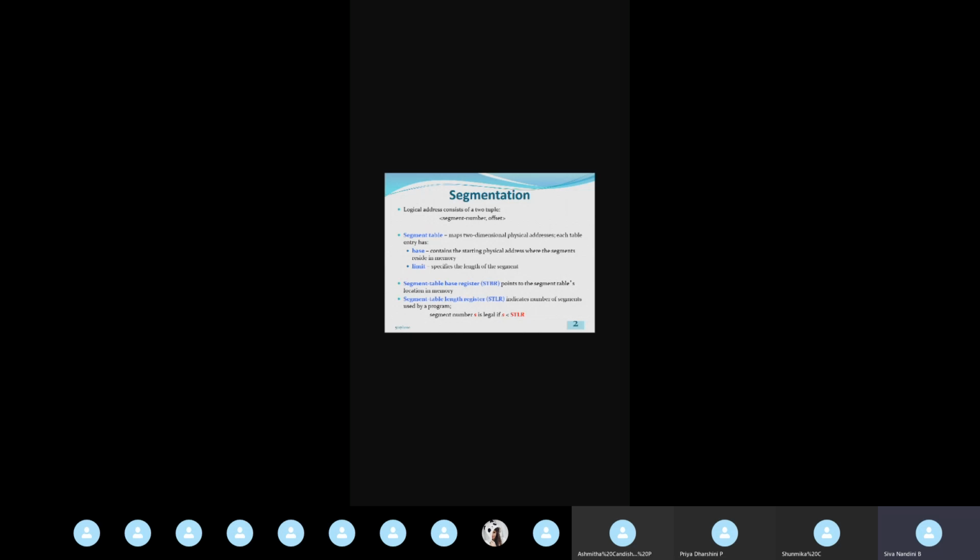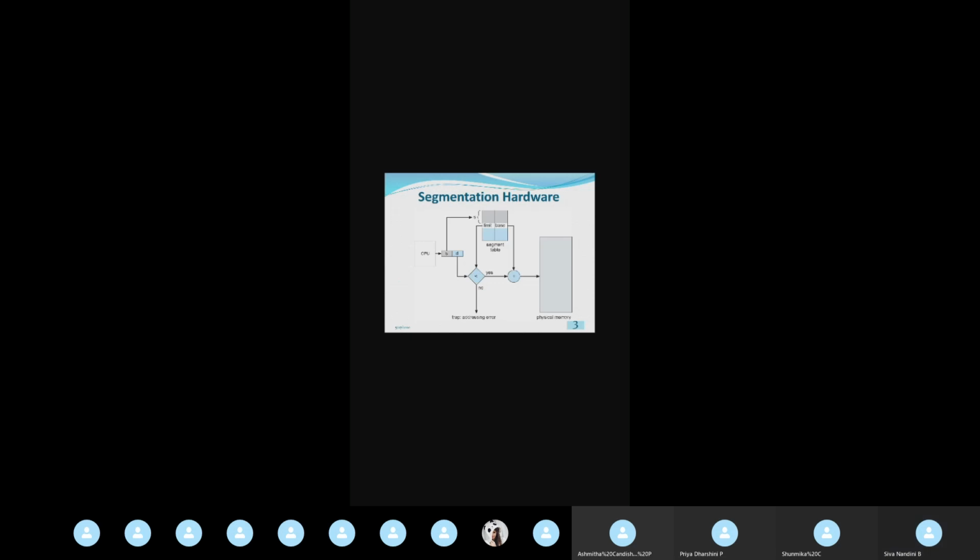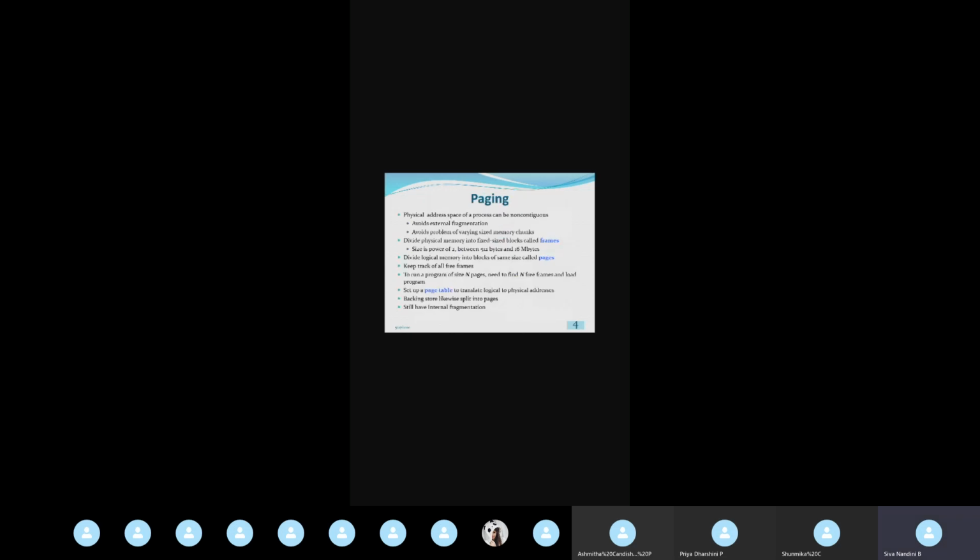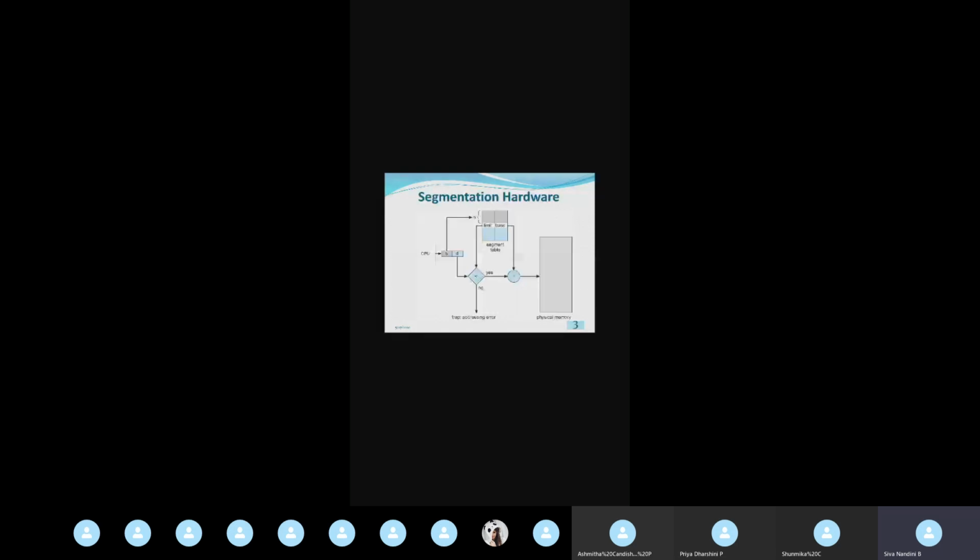So we have to group all those segments based upon their similarity. It is a tedious process from the OS point of view, because the programmer knows, but the OS needs to separate which segments belong to this particular function, which belong to that one. Likewise, it is somewhat tedious for the operating system.